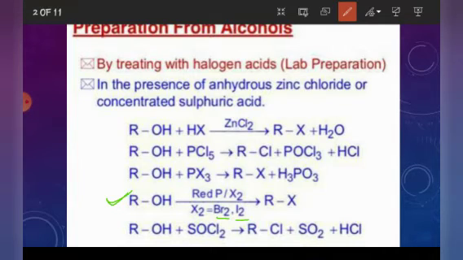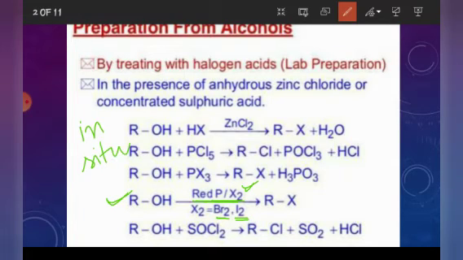Red phosphorus will react with X2 to form phosphorus tribromide or triiodide, and this is known as in situ preparation of the reagent.